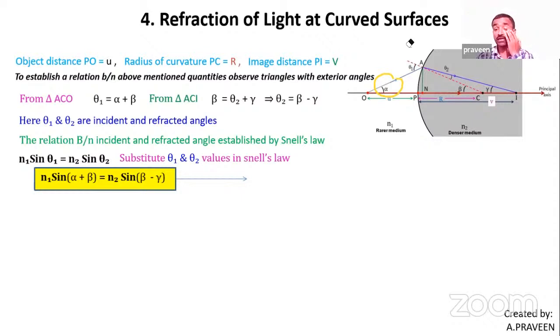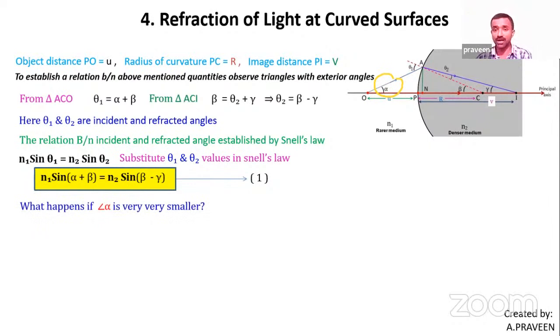Alpha is the angle made by the incident light ray with the principal axis. So what happens if the angle made by the incident light ray with the principal axis is assumed to be very, very small?